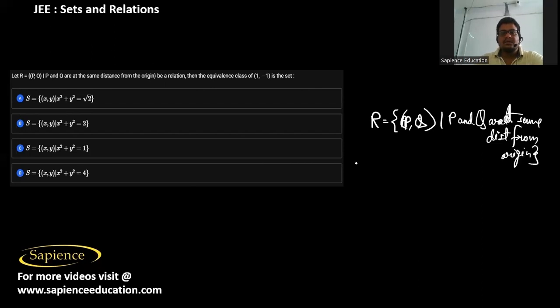Then the equivalence class of 1 comma minus 1 is the set. So then we have to find the equivalence class of the ordered pair 1 comma minus 1.